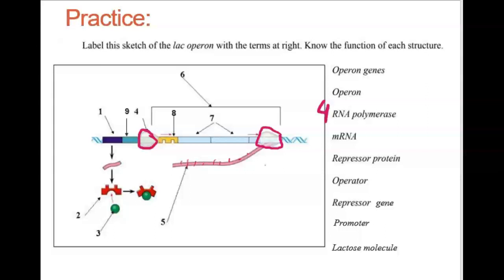And you know that because you've seen plenty of pictures where a molecule like this is sliding along and producing a tail or a string of molecule at the end. And you should at this point know that number 5 then is the mRNA. All right, that's what's being produced by RNA polymerase. All right, so we've got those two identified.